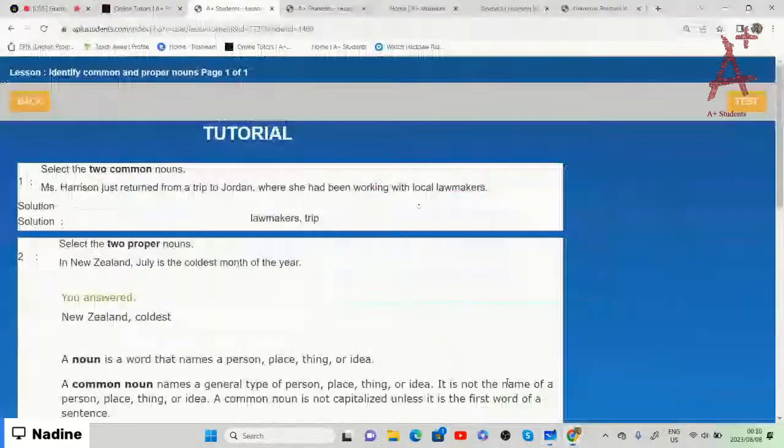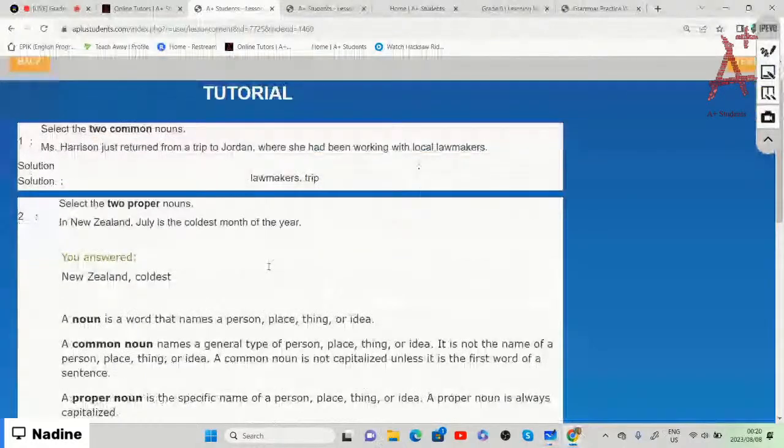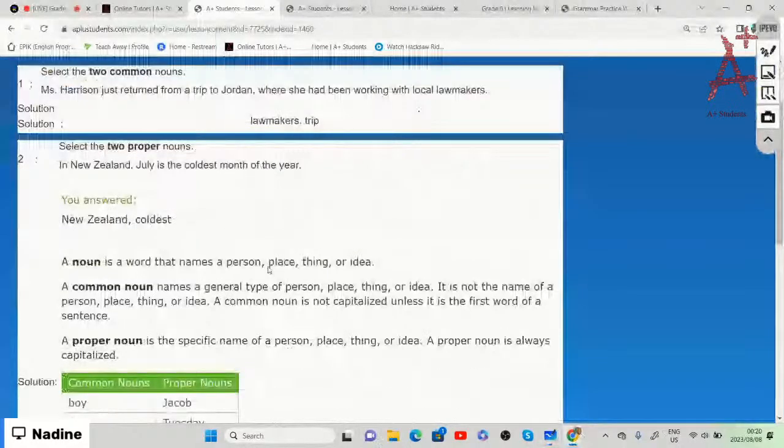All right, so now we're going back to our tutorial where we are identifying common and proper nouns. It says to select the two common nouns within the sentence. "Miss Harrison just returned from a trip to Jordan where she had been working with local lawmakers."